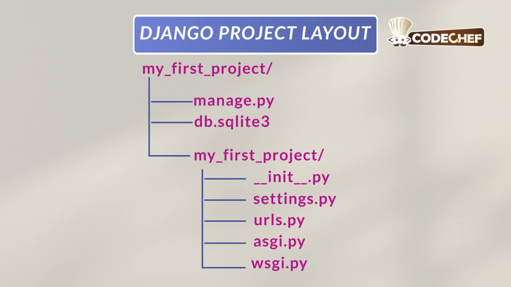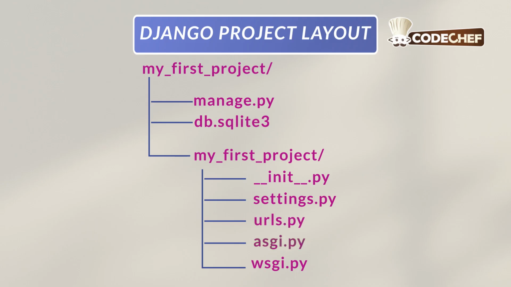Alright, now within this subdirectory called My First Project, we have these important configuration files. Here we have settings.py, which contains all your project's configurations, like the database, the installed apps, the middleware, etc. Then we have urls.py, which defines how different URLs map to different pages or views.